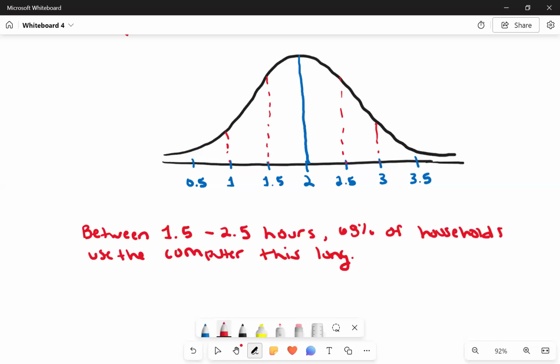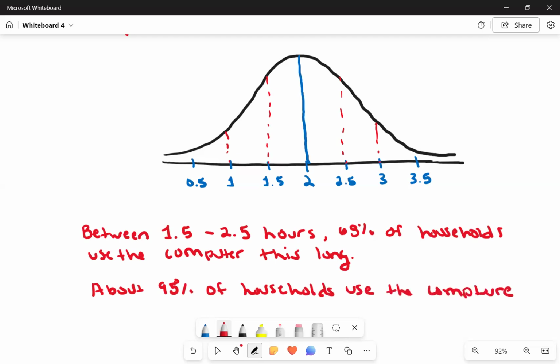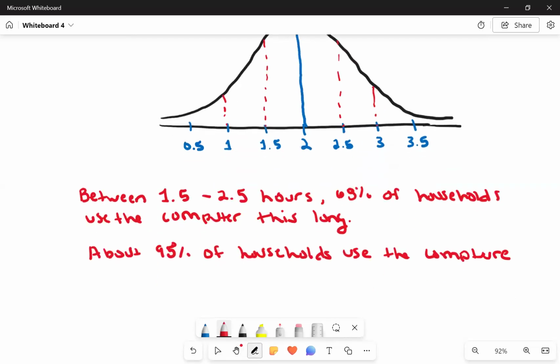So we would say about 95% of households use the computer between 1 to 3 hours every day, or per day. Much better sentence. There we go.